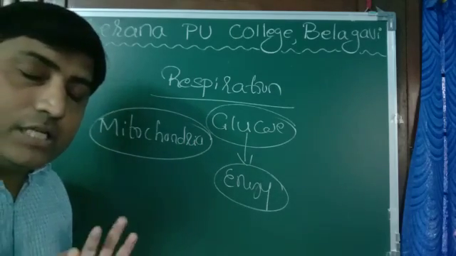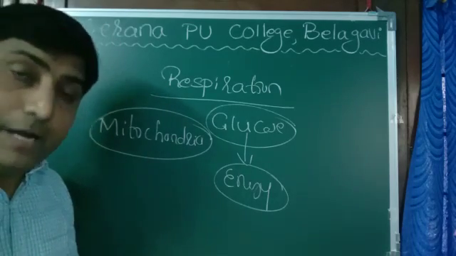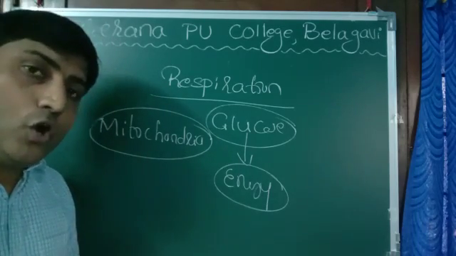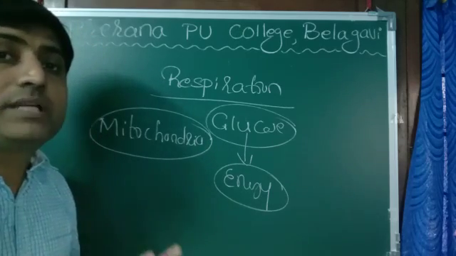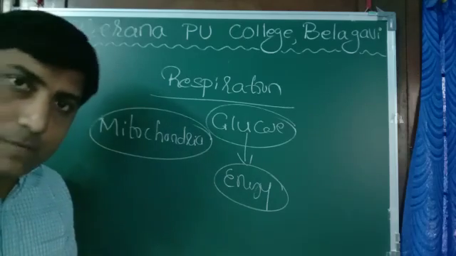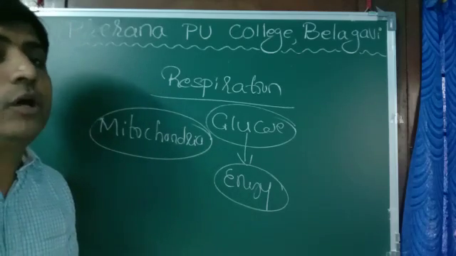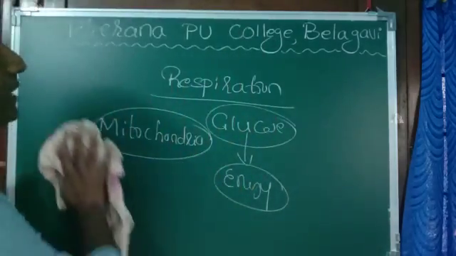Cellular respiration is almost similar both in plant and animal because both of them contain mitochondria. So in the mitochondria, the glucose is broken down to release energy, and that is the purpose of respiration. So respiration is also one of the important physiological processes found in case of plants.